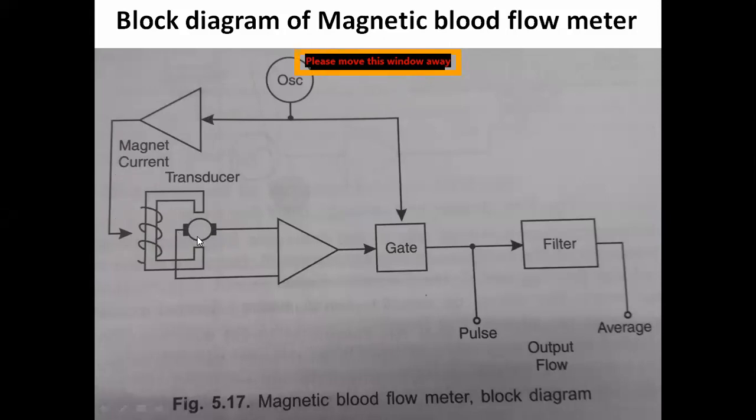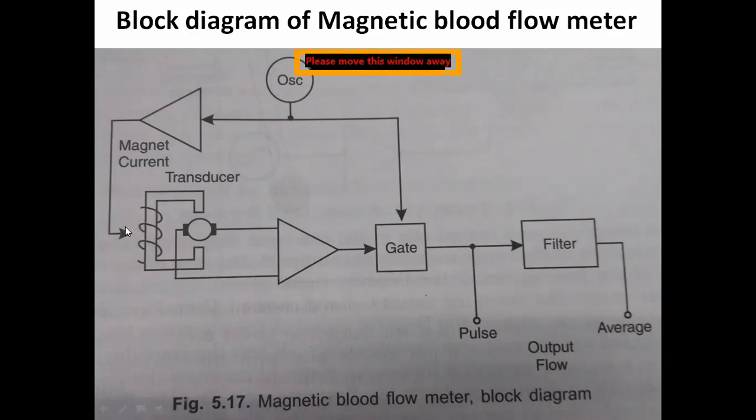In our body we have blood vessels, and those blood vessels will be placed in between this magnetic core, and the induced EMF will be collected at electrodes here. From these two electrodes we will collect the induced voltage.